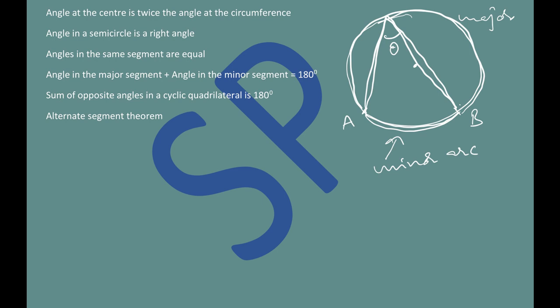It is not the angle made by this arc AB, but if I call this alpha, I can say that alpha is the angle made by the major arc AB.